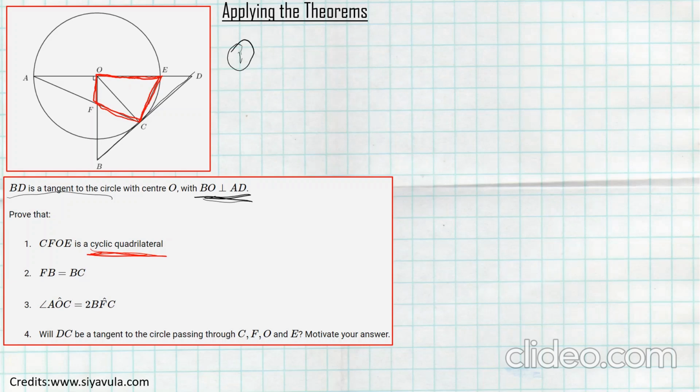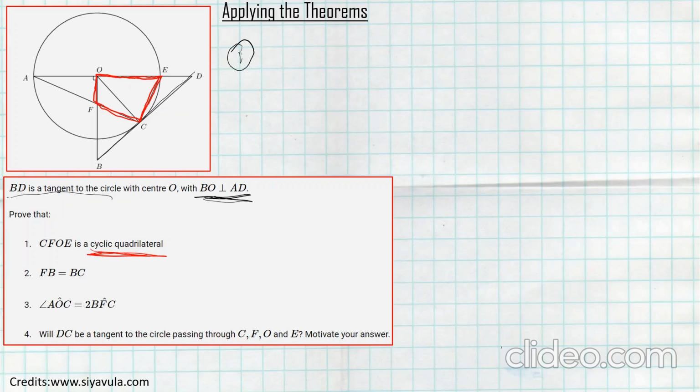If you just have a quadrilateral like this, if you manage to prove that this angle plus this angle is 180, then you can also deduce it's a cyclic quadrilateral. Or rather, if you can manage to prove that an exterior angle is equal to the opposite interior angle, you can also deduce that it is a cyclic quad. So very important, we must check what kind of cyclic quad this is, then we can go and prove.